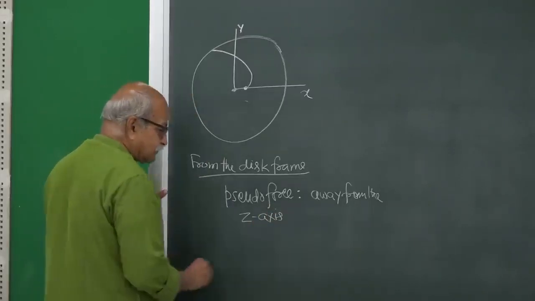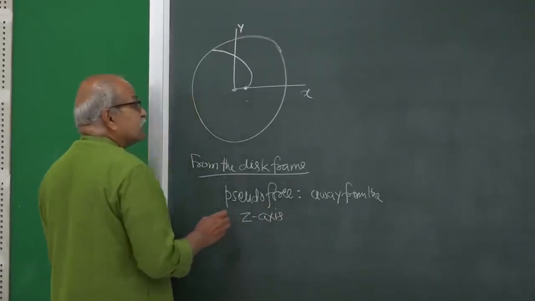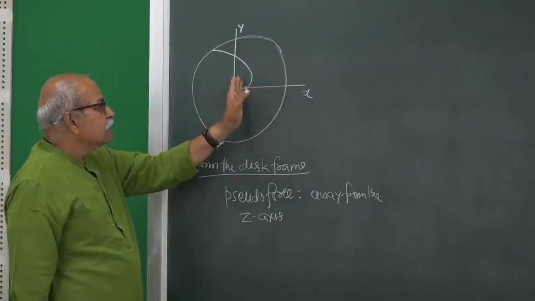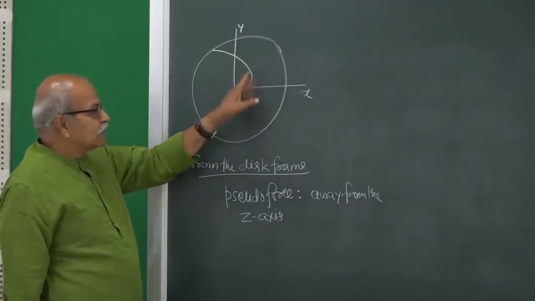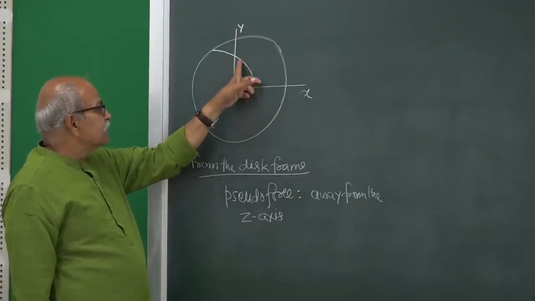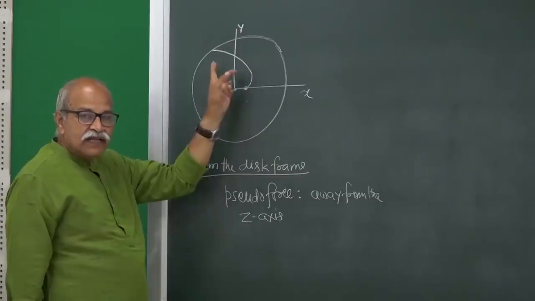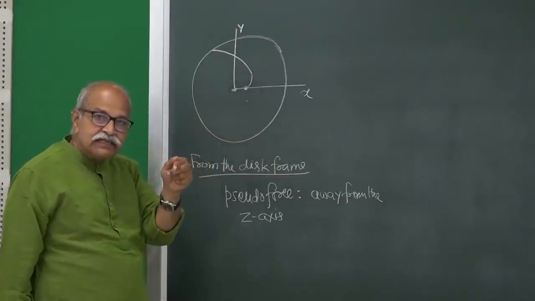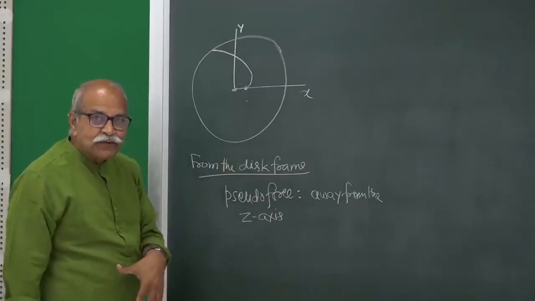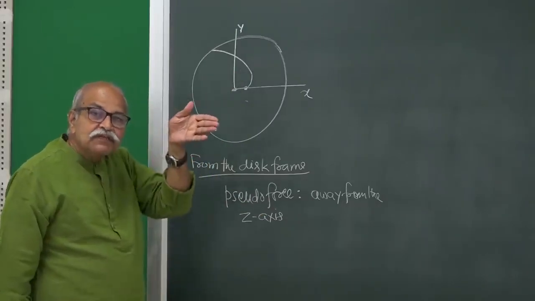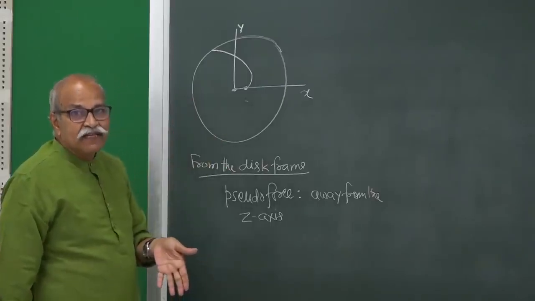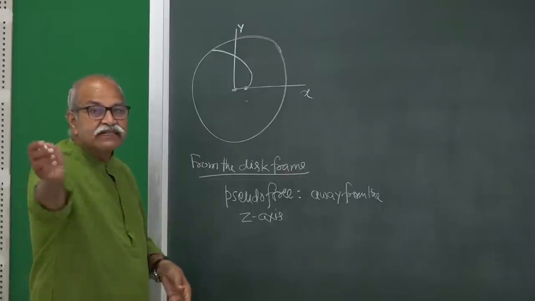So, this is one, and then it is not only going away from the z axis, it is also turning. So, when it is here, it turns this way, when it is here, it turns this way, and the direction of velocity is rotated only when you have a component of force perpendicular to the velocity. If you do not have that component, speed will increase or decrease.